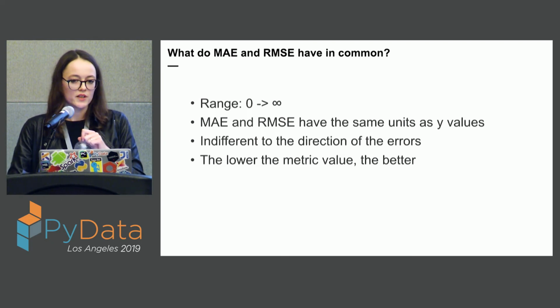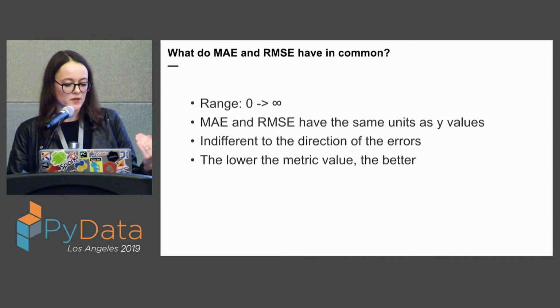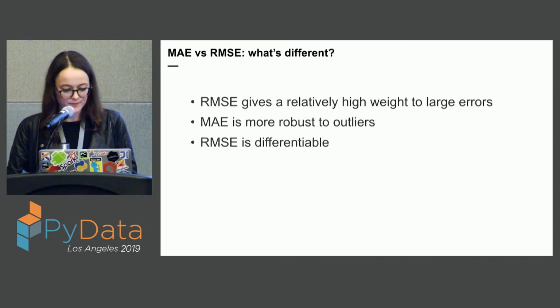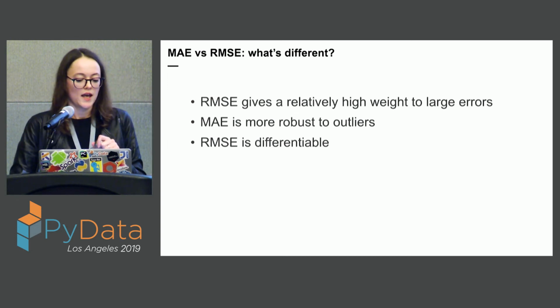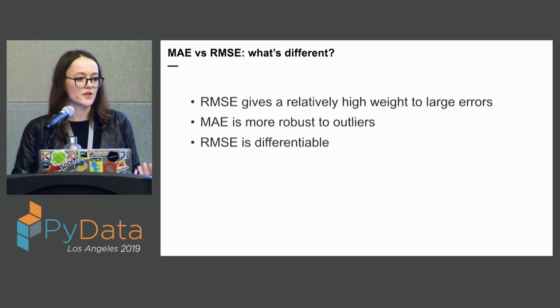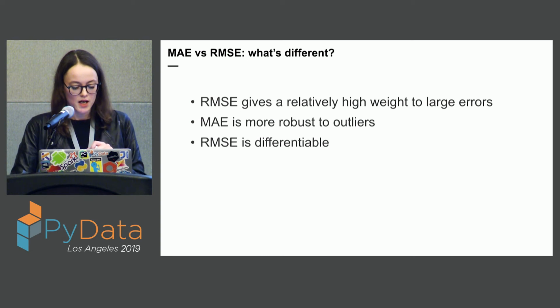They don't care about the direction of the errors, and you want this metric to be as low as possible. But there are differences. RMSE gives relatively high weight to large errors, and mean absolute error is more robust to outliers because it doesn't square the errors.